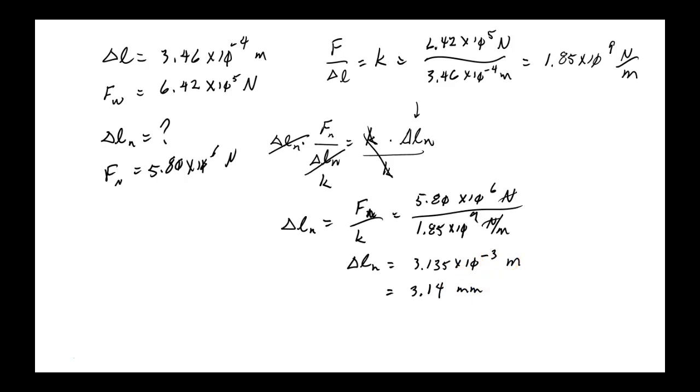How does the book do it? They come up with 3.12. Now, they probably rounded off worse than you did, so I'm going to go with your answer rather than theirs. It should be about the same.